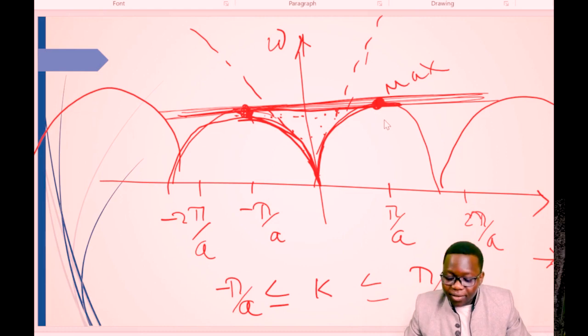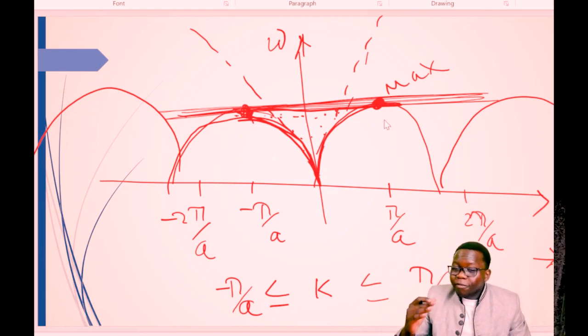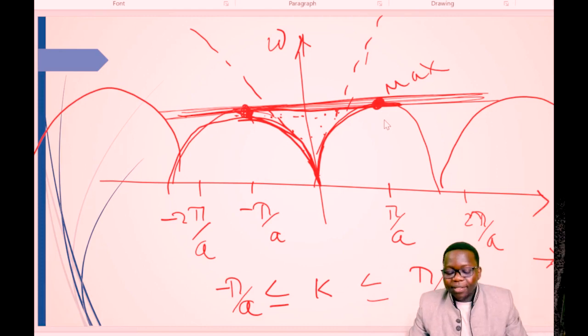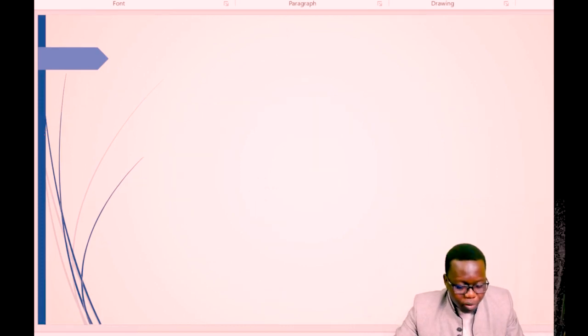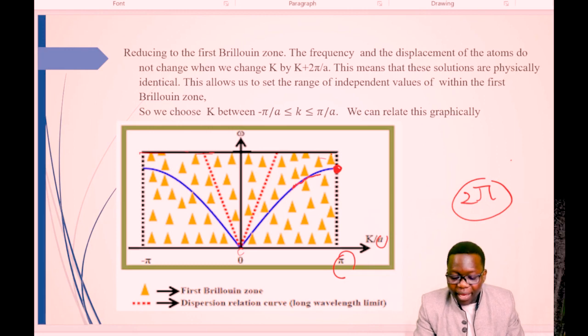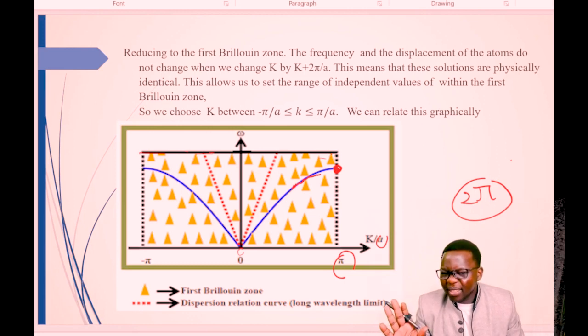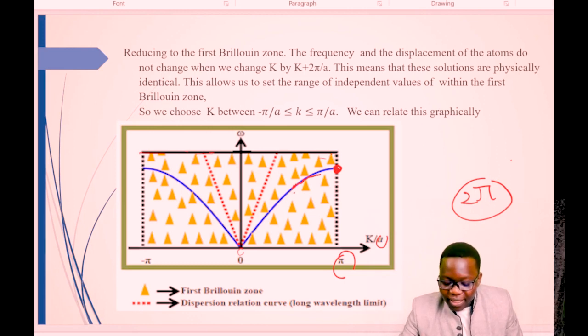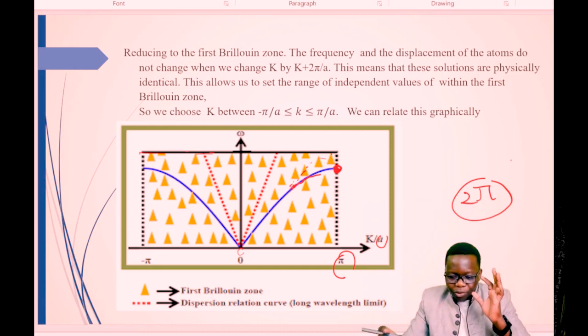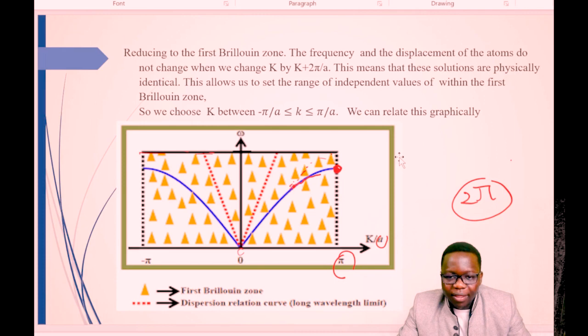But in this case, we want to see when the frequency is just high, not maximum. So from our graphical representation here, we see at this point here, it's just high. It has not reached maximum, but it's just high. So it has stopped being linear, because if it was linear, it would go like that. So it's going to curve outwards. That's what we see at that point.